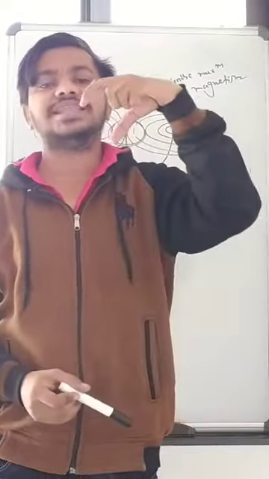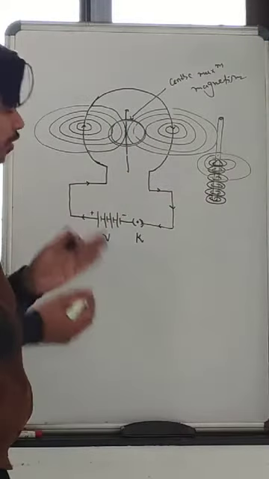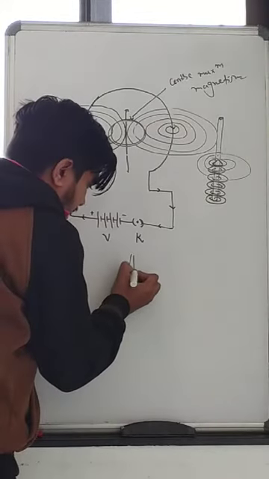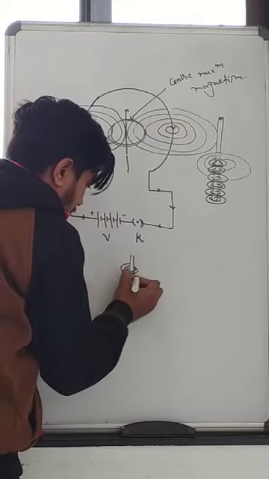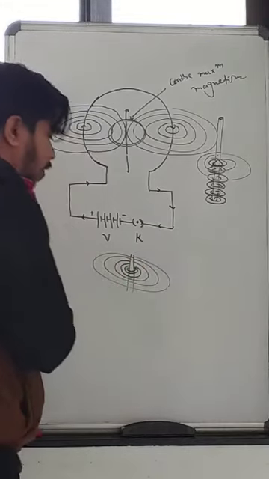And if the radius is less, the magnetism is higher. If the radius is higher, because you know that if you are thinking about a conductor, these lines are nearer, and as distance increases, the lines become more spaced from each other.